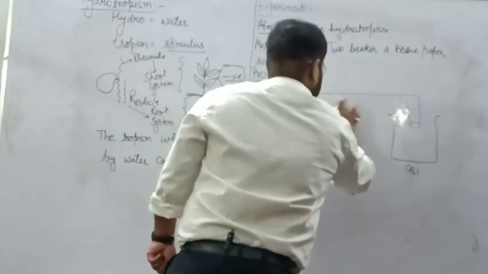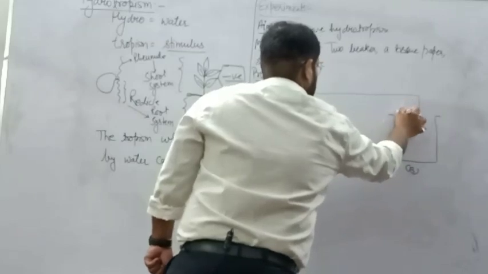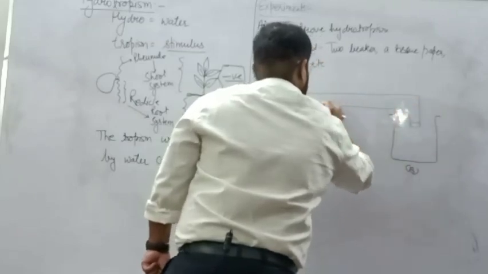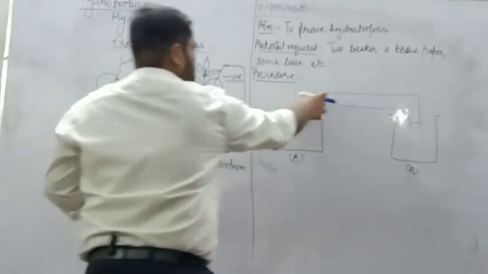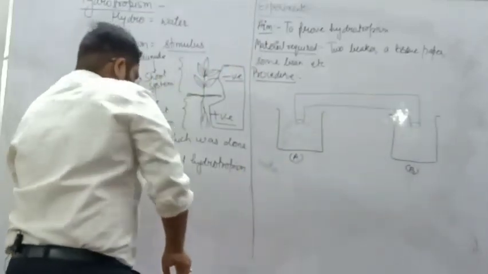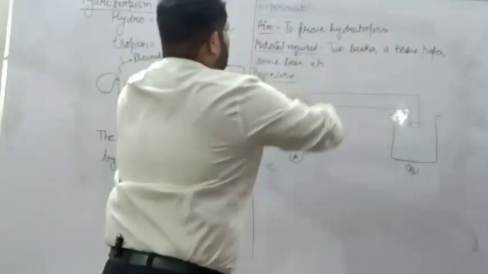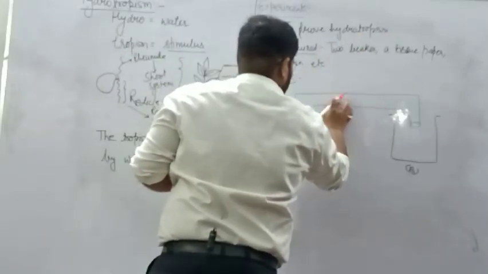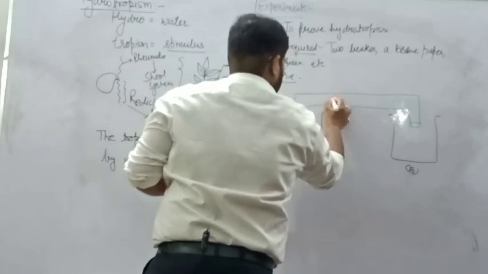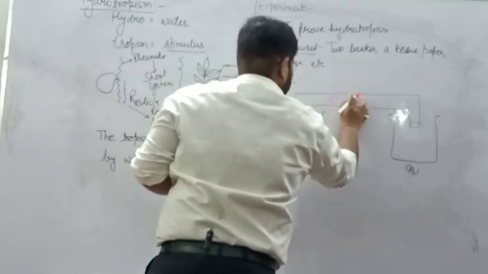The structure is like this. This is the folding of the tissue paper. Place 2 to 3 beans inside that.